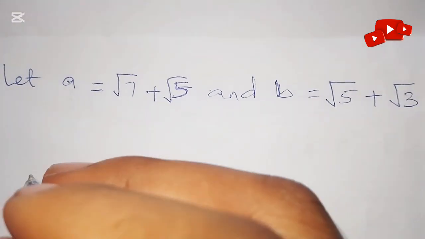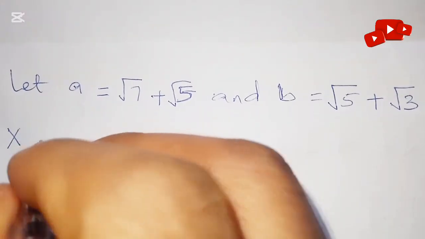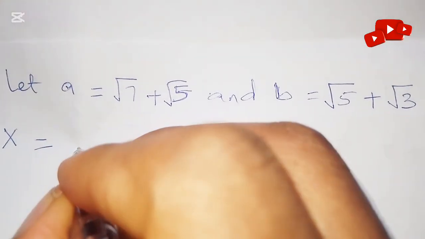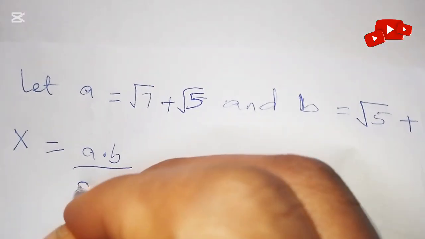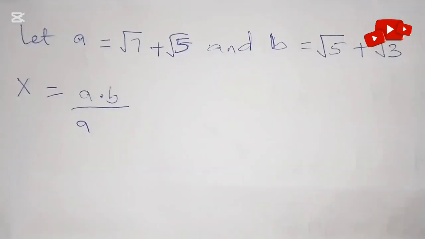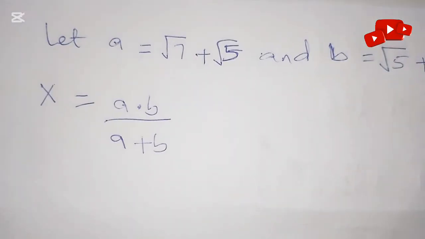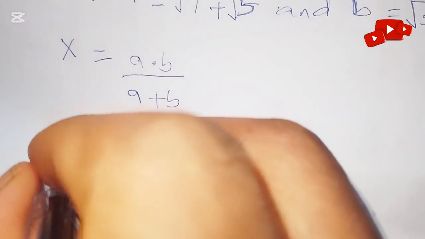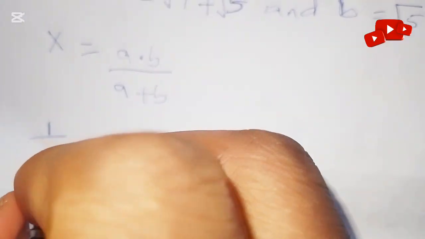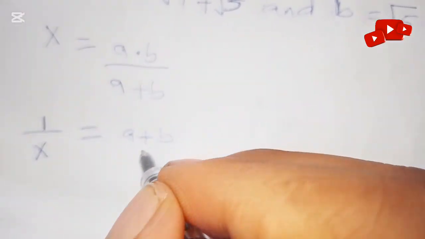Then it's going to look like this: A times B all over A plus B. So what we do is we take the inverse of this, so it gives us A plus B over A times B.